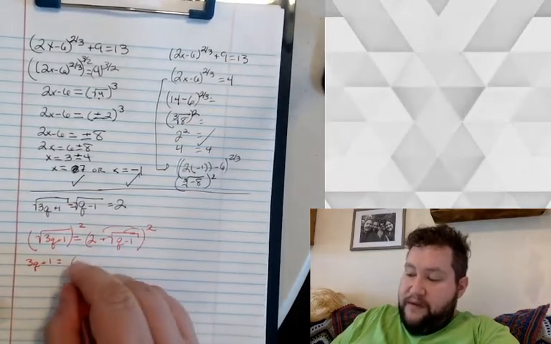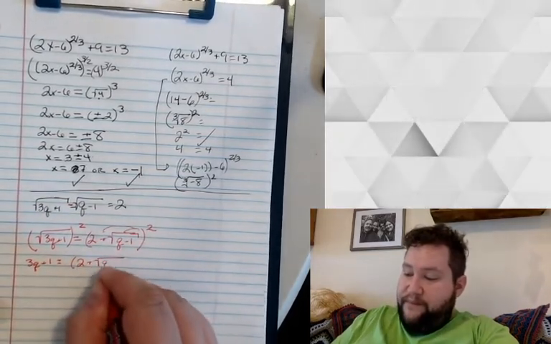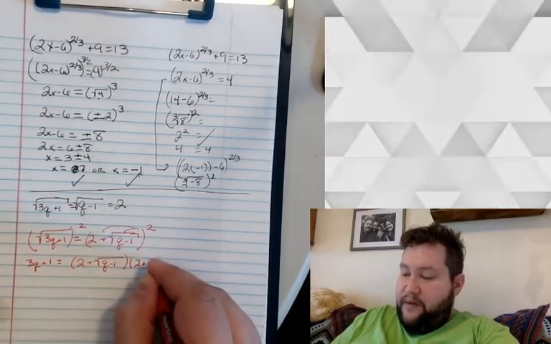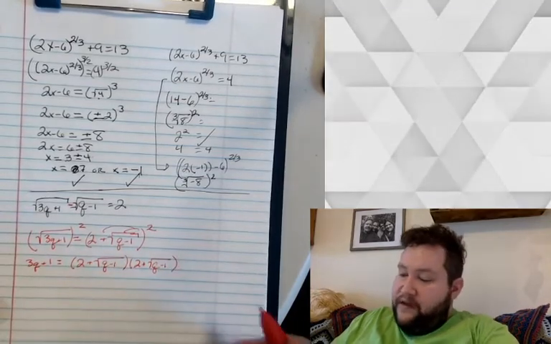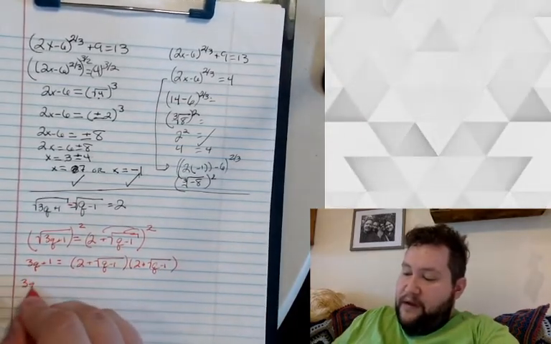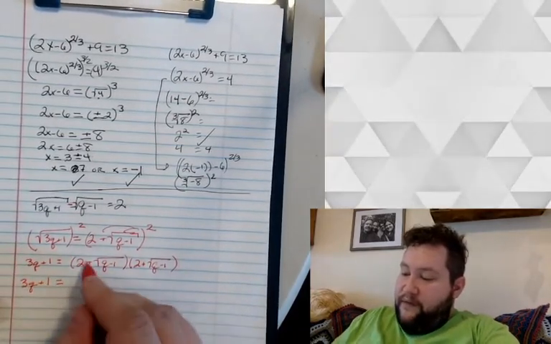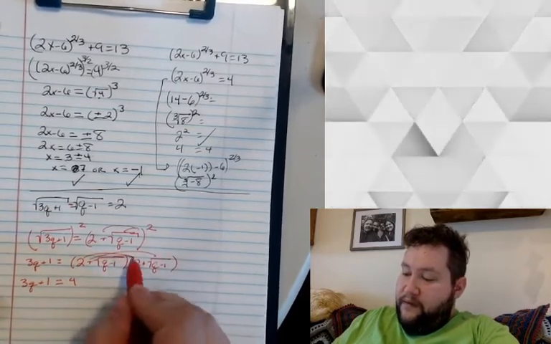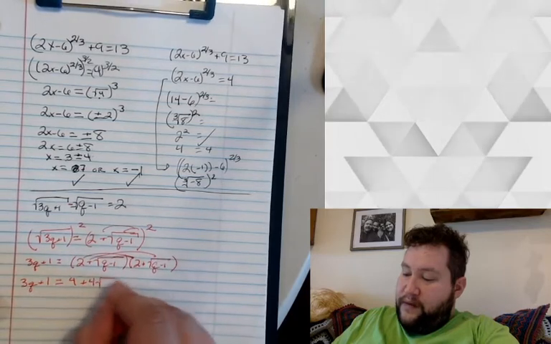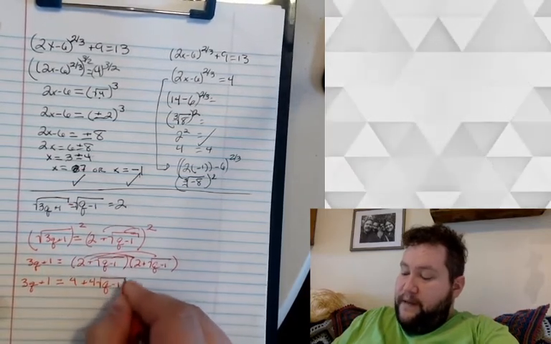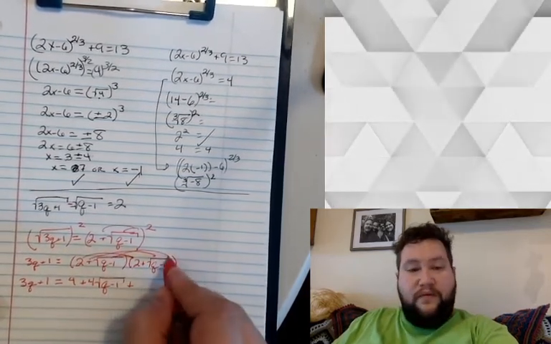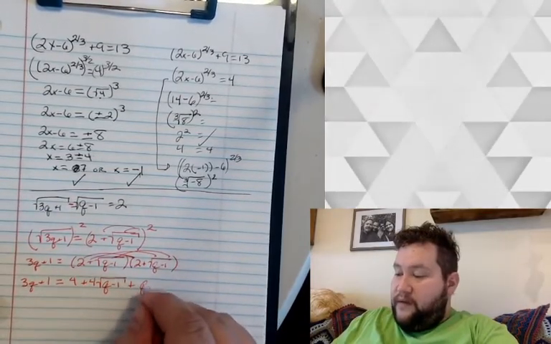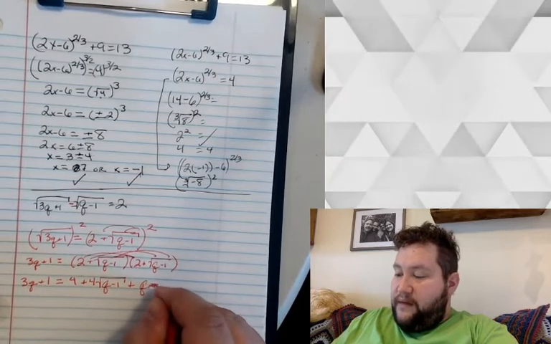We have 2 plus the square root of q minus 1 times 2 plus the square root of q minus 1. So that tells us that 3q plus 1 is equal to 4 plus 2 and 2, so 4 square roots of q minus 1, plus, and then if we have the root of q minus 1 times the root of q minus 1, we're left with just what's on the inside, q minus 1.